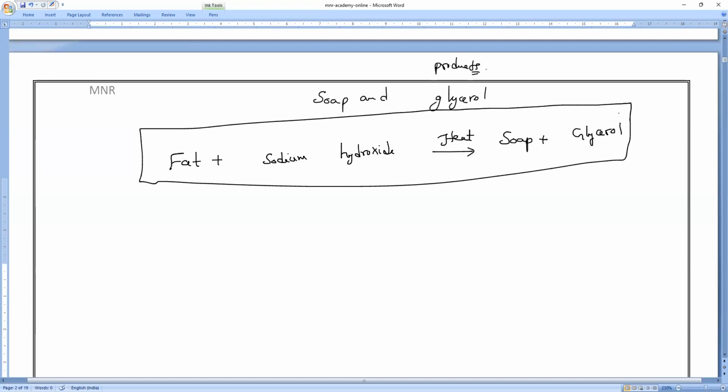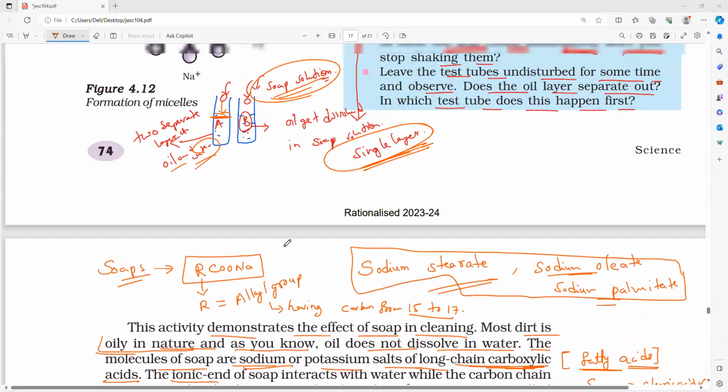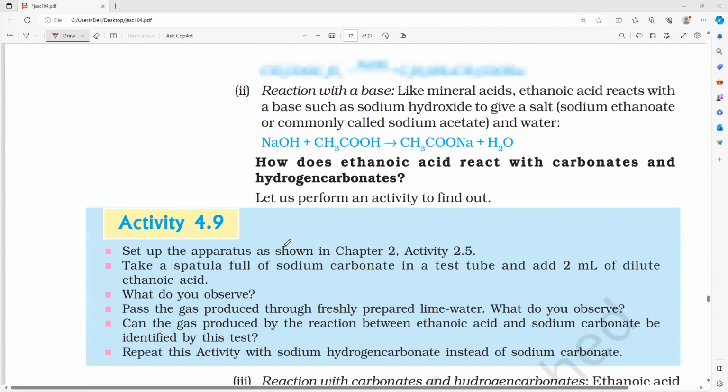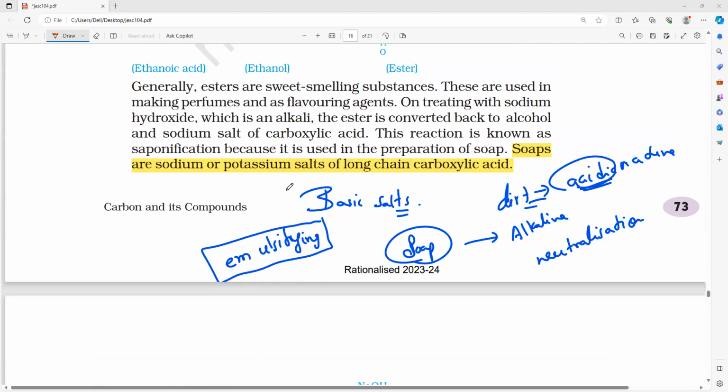The chemical reaction is not required for you, but the most important equation, which you studied in yesterday's class, is saponification. All of you write it. The reaction of soap formation by the hydrolysis of fats and oils with alkalis is called the saponification reaction.